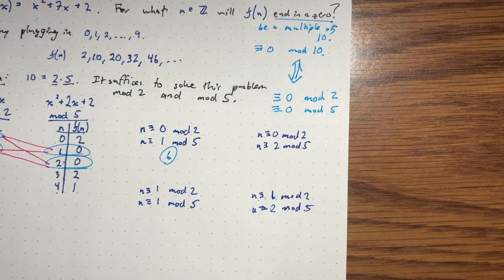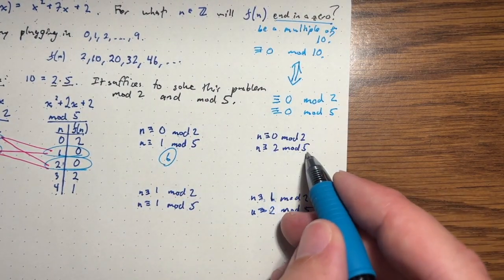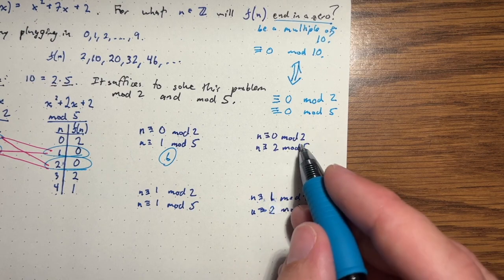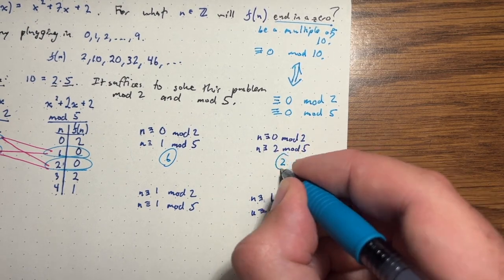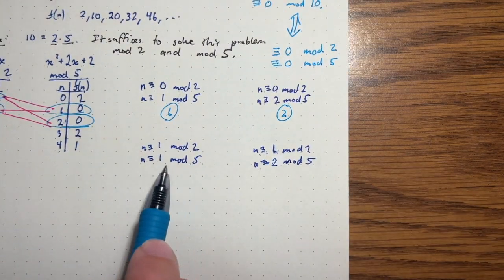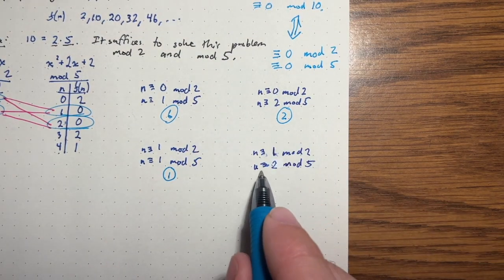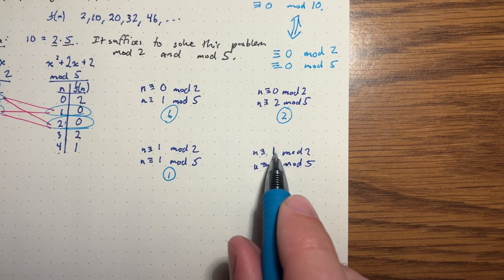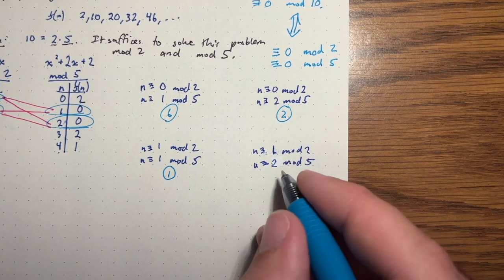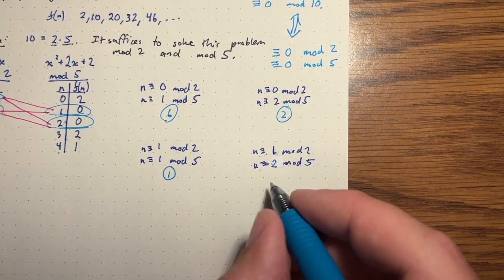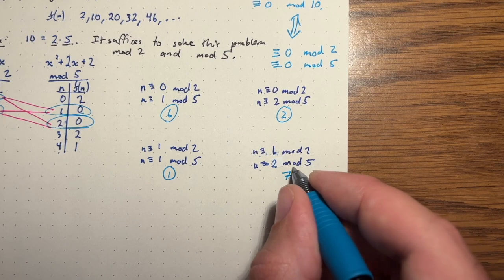So 6 works there. If I'm 2 mod 5, well, 2 is already 0 mod 2, so 2 works. If I'm 1 mod 5, 1 is already 1 mod 2, so 1 works there. If I'm 2 mod 5, well, it's not 1 mod 2, so go up one more multiple of 5 to 7, and 7 is 1 mod 2.